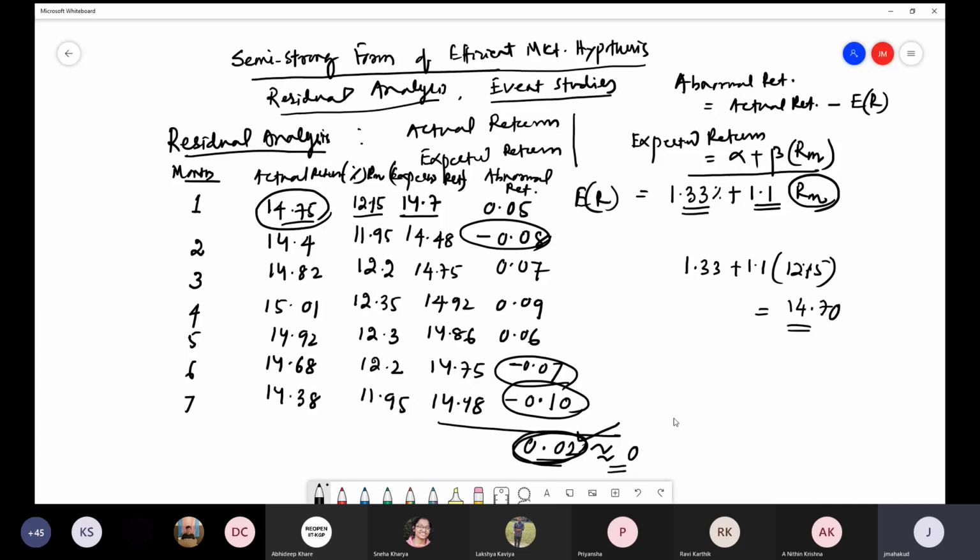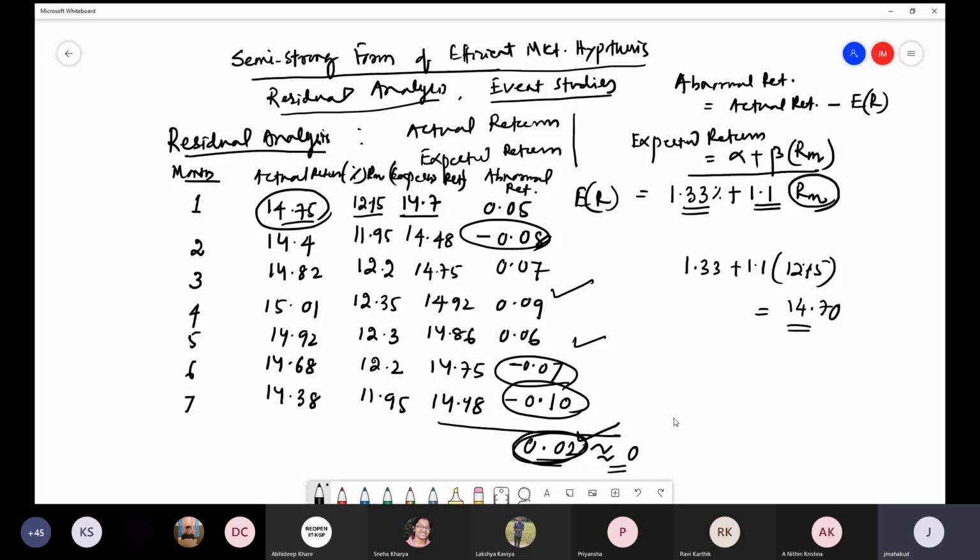So over time, somewhere you may get more return than expected, somewhere you may get less return than expected. Some adjustment is taking place across time, and the sum of the total abnormal returns will be close to 0.